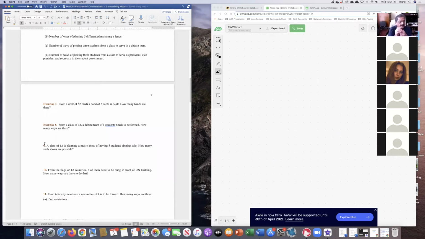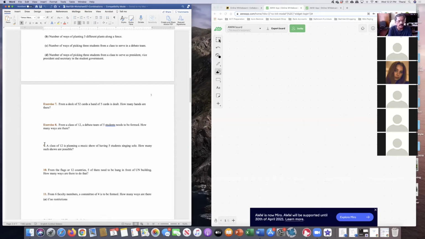So in this problem, it says from a class of 12, a debate team of 5 students needs to be formed. So these 5 students that we are taking will be a debate team. Are we counting rearrangements? Are rearrangements different debate teams? No. A debate team would be just a group of 5 people. Rearrangements are not different debate teams.